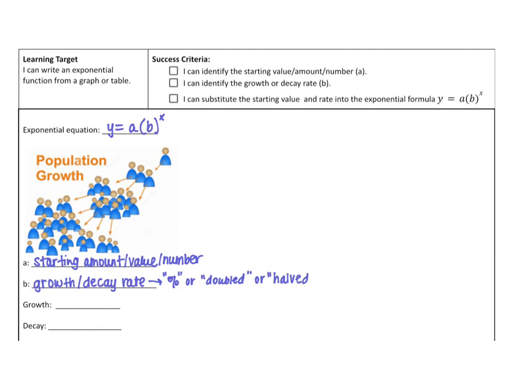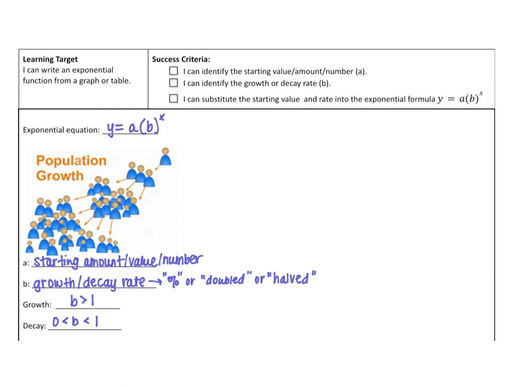So those are just some examples. Again, it could be tripled as well. And then growth is when the B value is greater than 1, and decay is when it's between 0 and 1. Now this part is kind of going to be important.